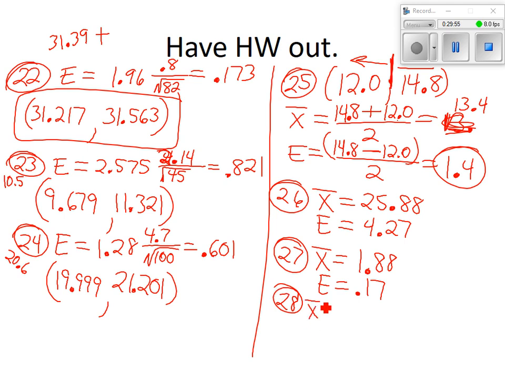What's X bar? 3.16. Margin of error? 0.016. Everybody agree with those? Too difficult?